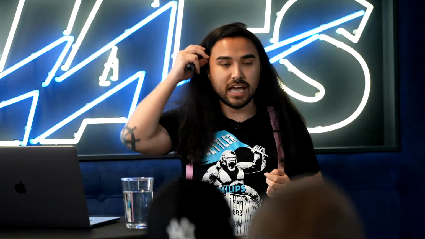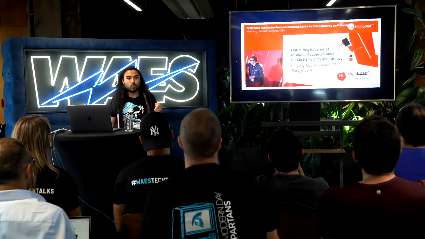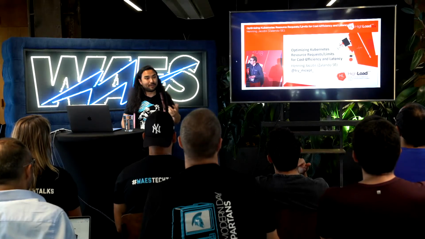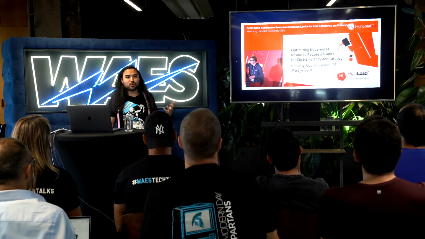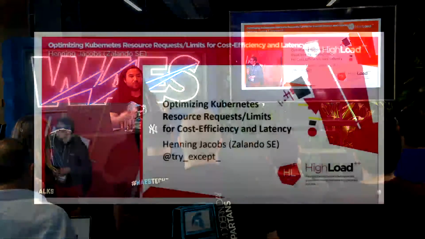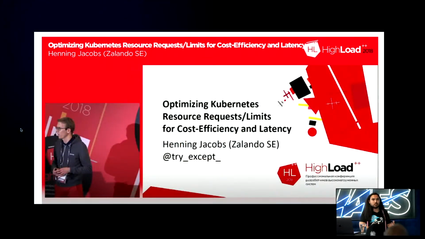And again, my personal experience, I got very excited about the subject when I watched the presentation from Henning Jacobs. Henning Jacobs, by that time a Zalando engineer, I'm not sure what he does now, presented this CPU limits feature in deep detail and how it interacts with the kernel and why they decided to remove CPU limits and how they disabled CPU limits on their production cluster.